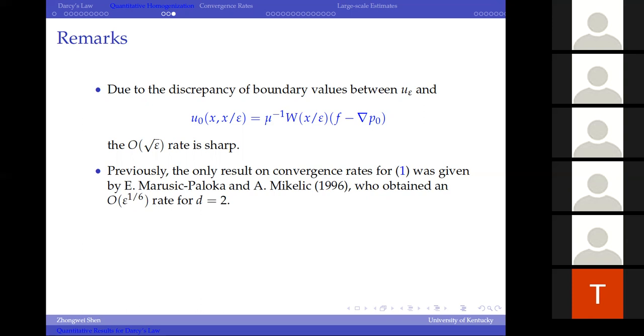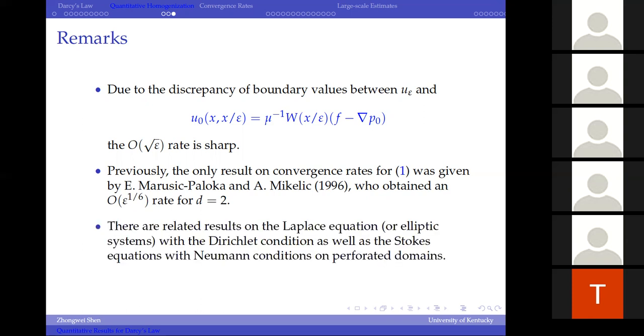That construction cannot be extended to the higher dimension case.